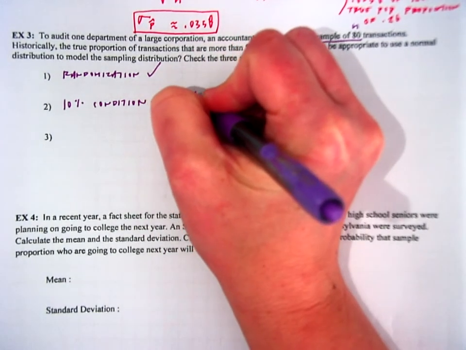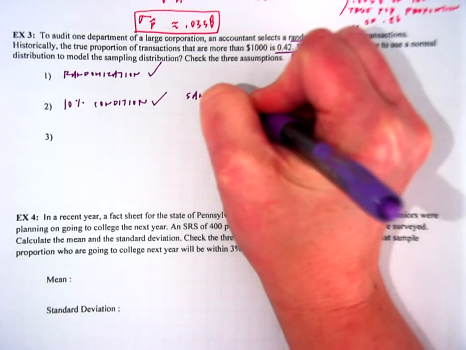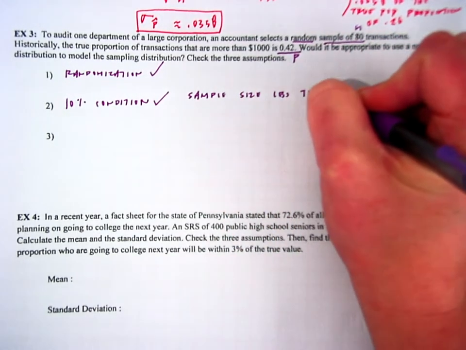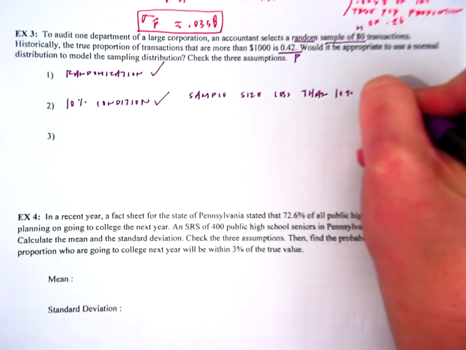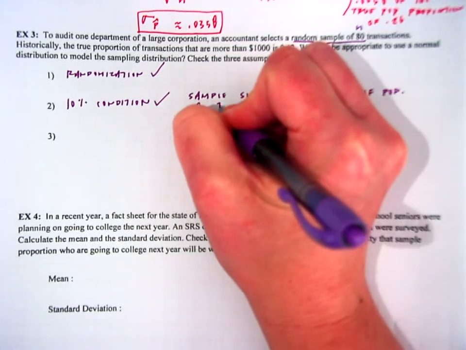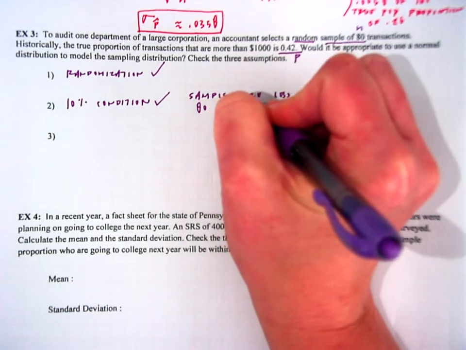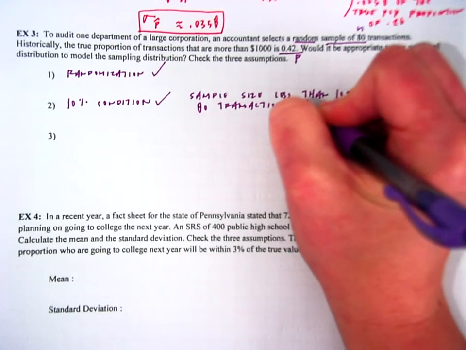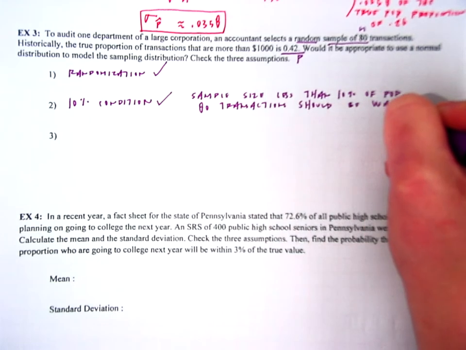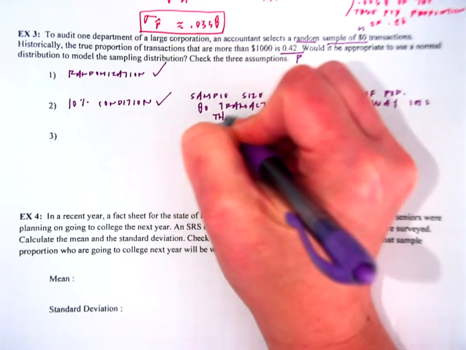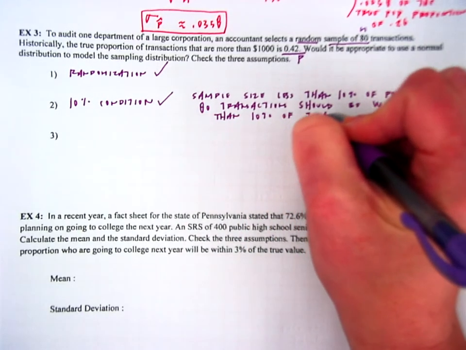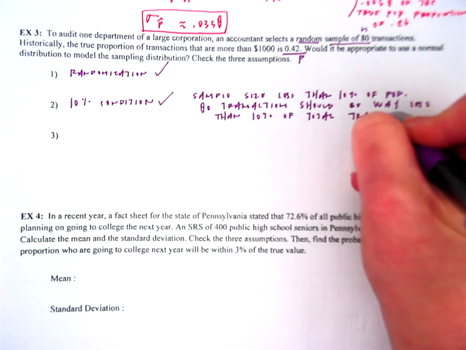So again, in this context, we're saying, well, yeah, I think that 80 transactions should be way less than 10% of the total transactions for a large corporation. Okay, great. Second condition is met.